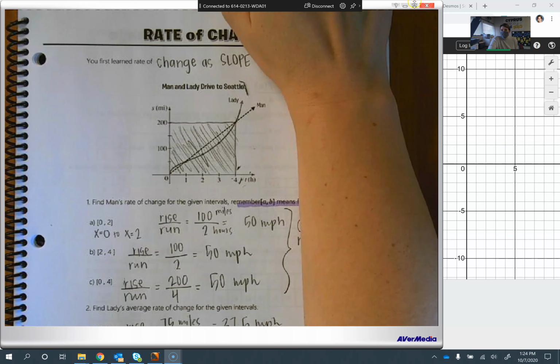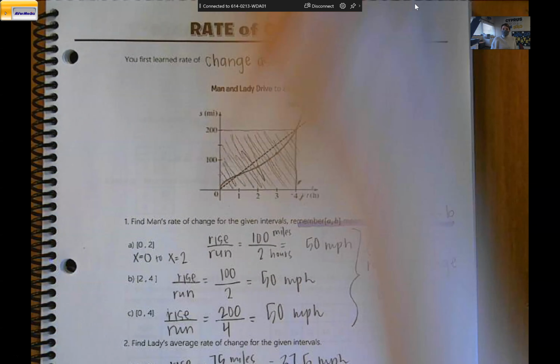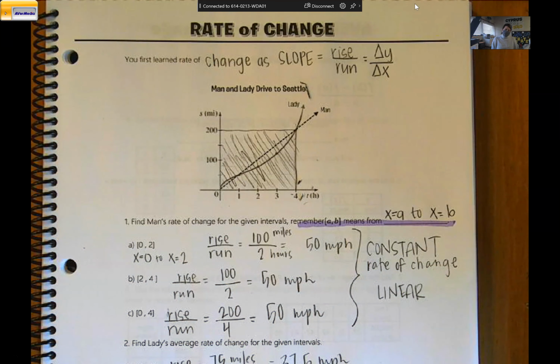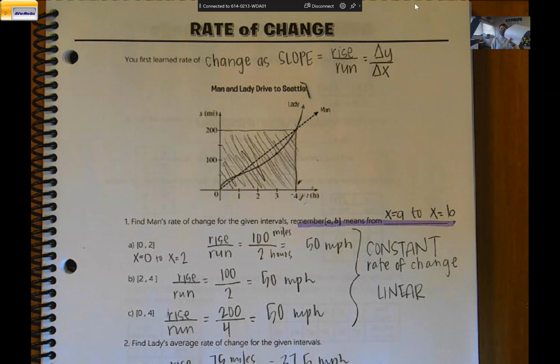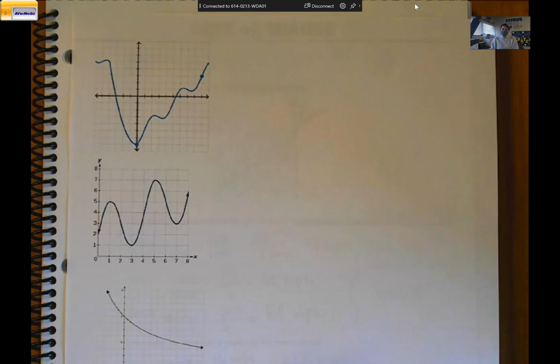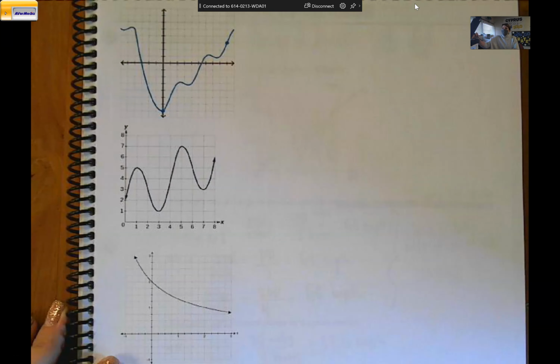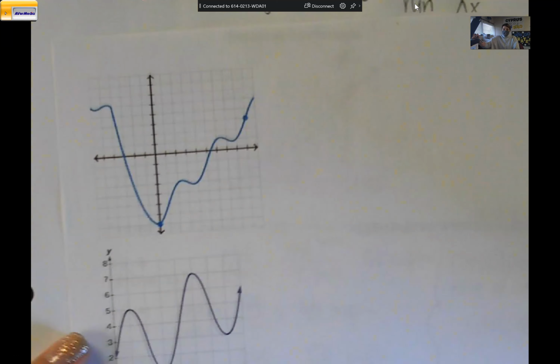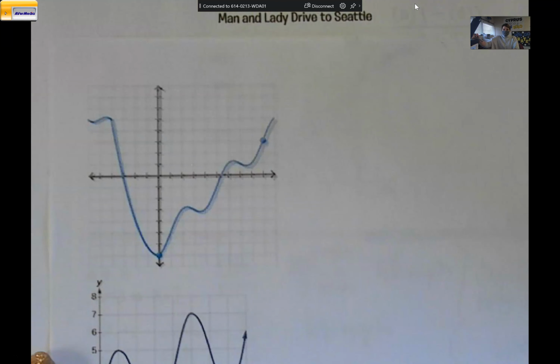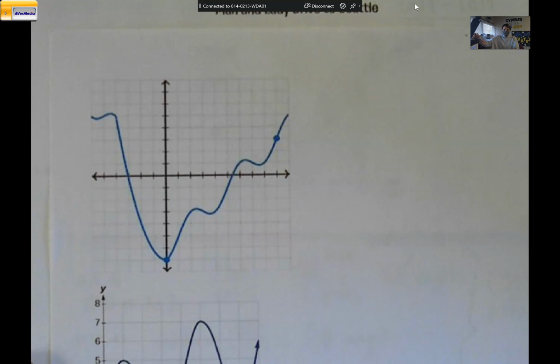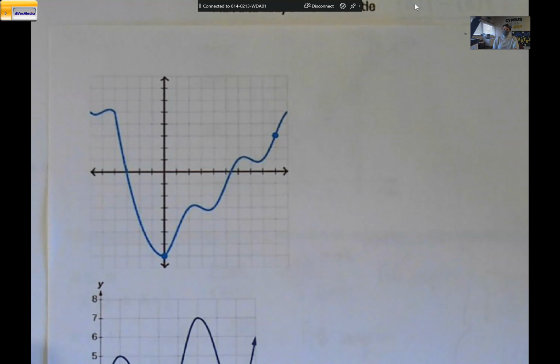Okay, so this is just an extra video for my distance learners and anybody in 3A that needs help with this. So we're talking about rate of change, and we're talking about how to find rate of change given a graph. So the first one that we have is this really crazy, almost like weird parabola shaped thing.